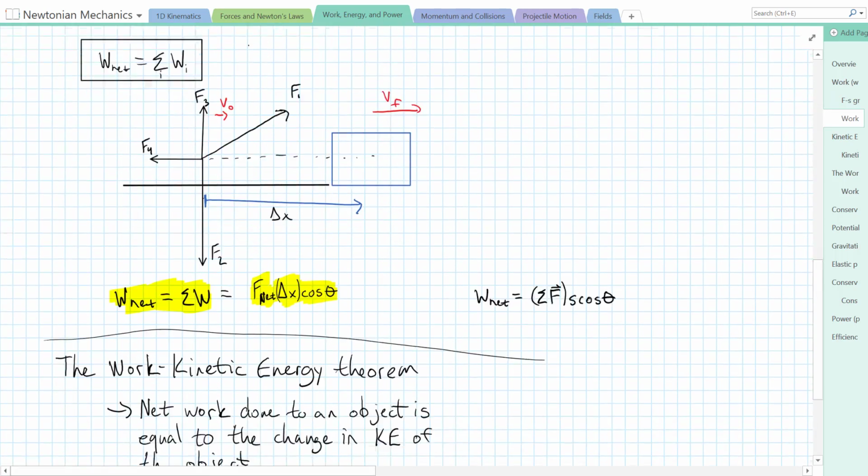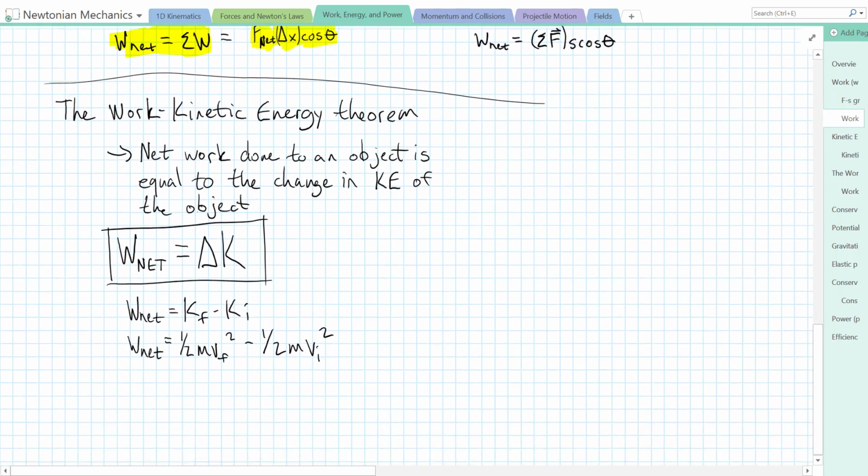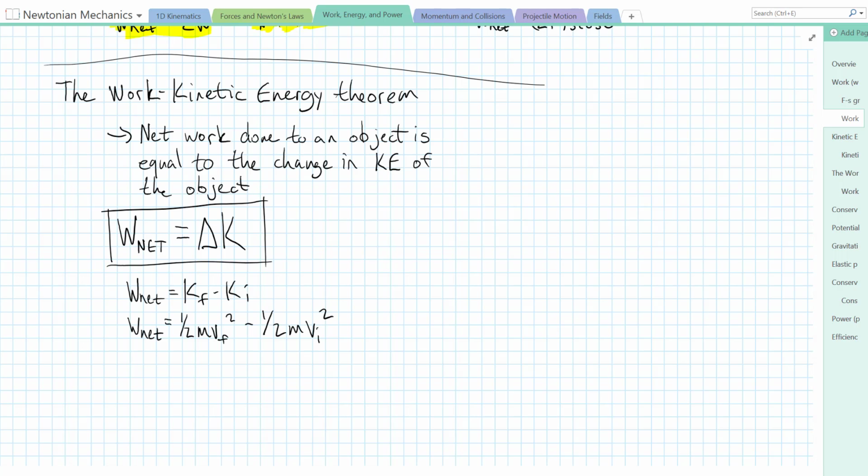Just like we had our impulse-momentum theorem, where the total impulse applied to an object is equal to the change in momentum, we have the work-kinetic energy theorem, which tells us that the net work done on an object is equal to the change in kinetic energy of an object.